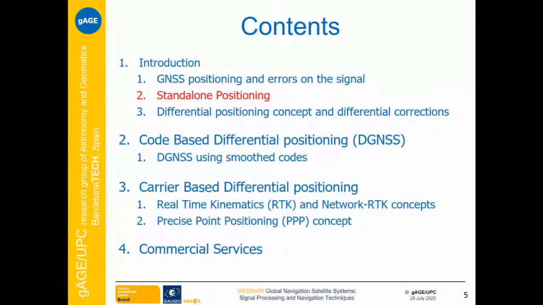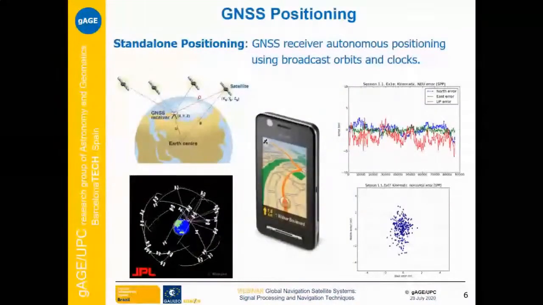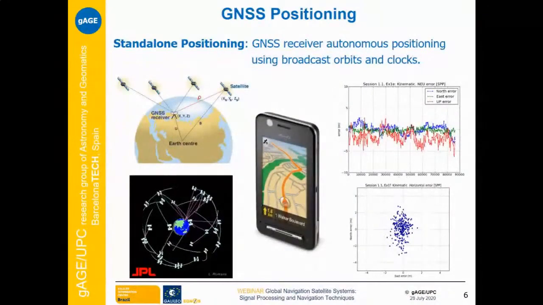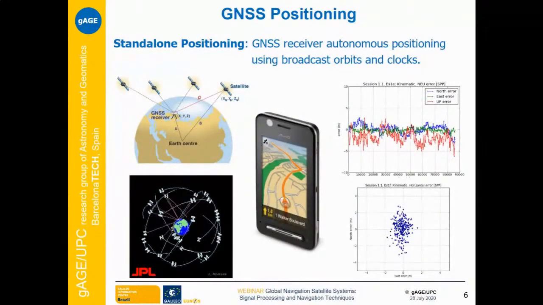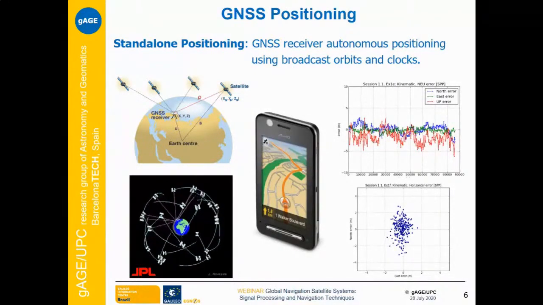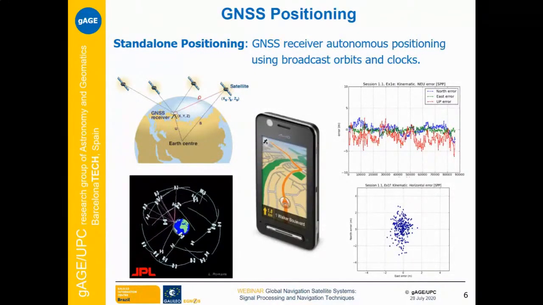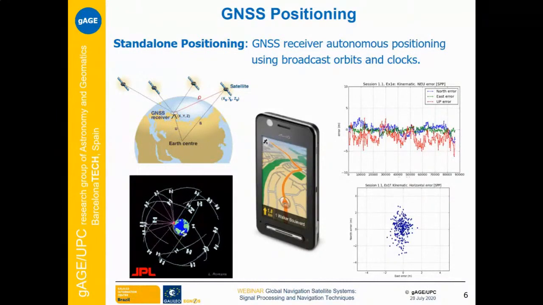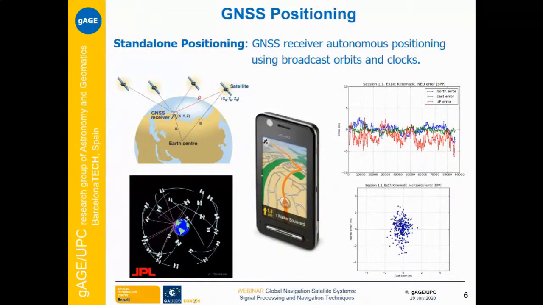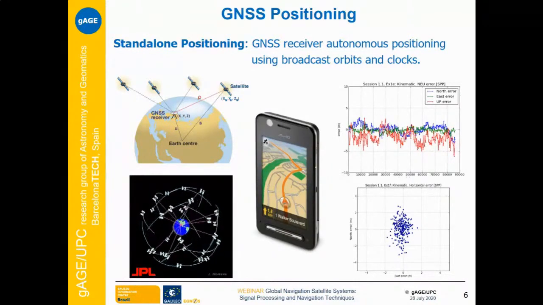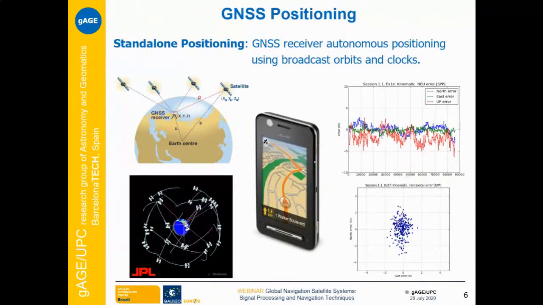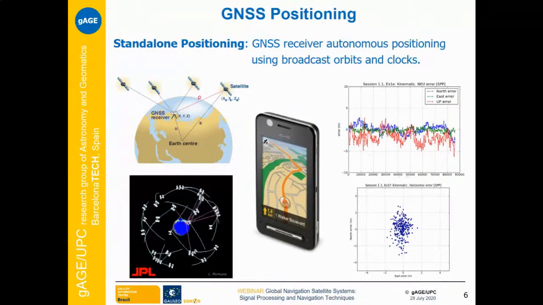So let's now introduce this standalone positioning. In the standalone positioning, we are receiving the measurements that we will talk about, and we use the information broadcast by the satellites. And what are the typical accuracies that we can achieve using the standalone positioning?